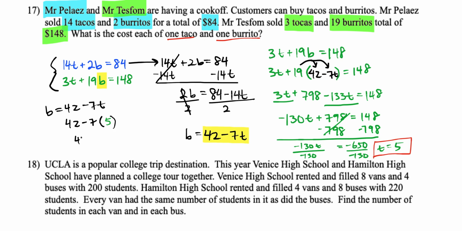So I have 42 minus 35, and that is going to be 7. So each burrito is equal to $7. That's going to be my final answer: each taco was $5 and each burrito is $7.